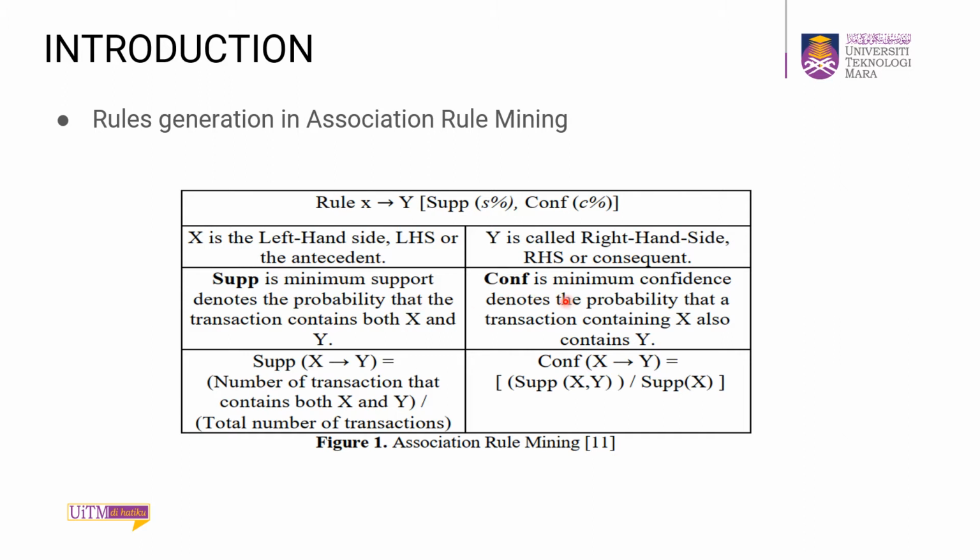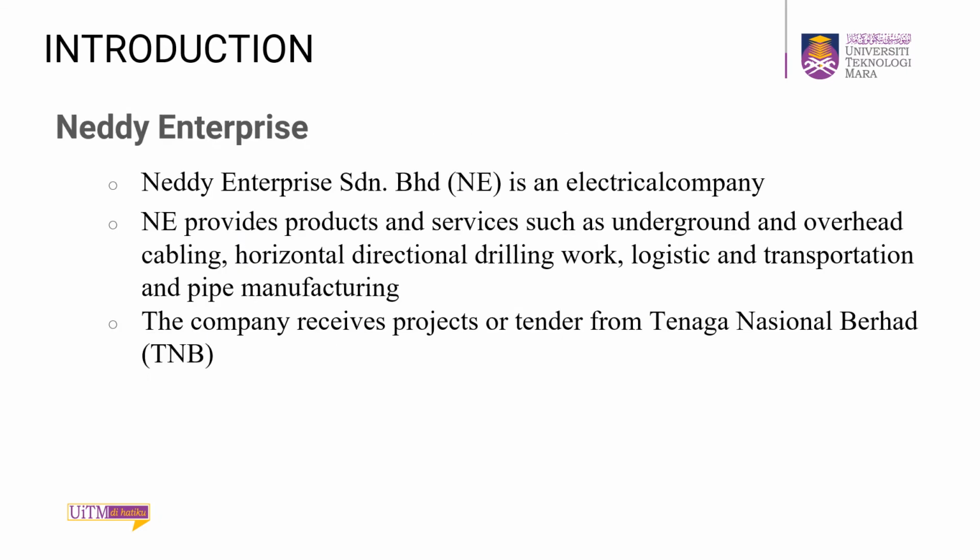Minimum confidence denotes the probability that a transaction containing X also contains Y. We use the confidence value in creating the association rules. If the frequent pattern achieves the minimum confidence, we consider it an association rule.